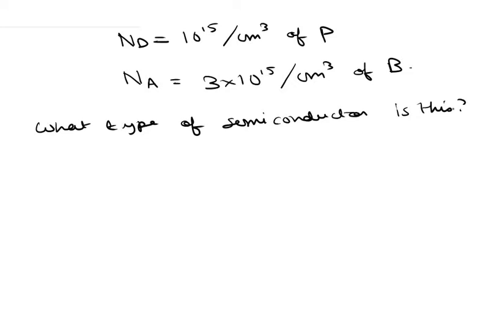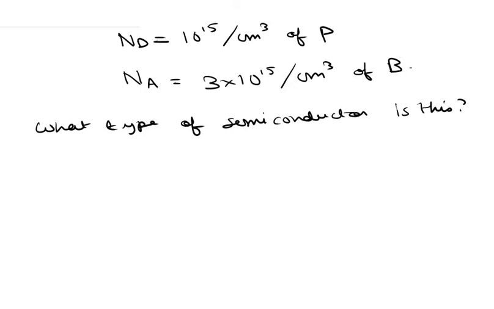The answer is that whether the semiconductor will be n-type or p-type depends on the major impurity in the semiconductor. Note that in this case the concentration of donor type impurities is 10 to the power 15 per centimeter cube, and the concentration of acceptor type impurities is 3 into 10 to the power 15 per centimeter cube.